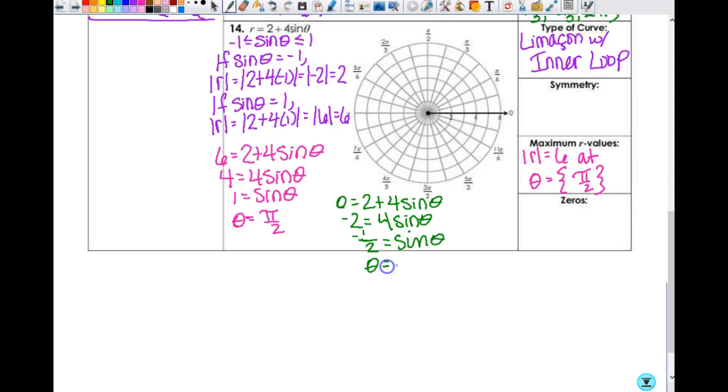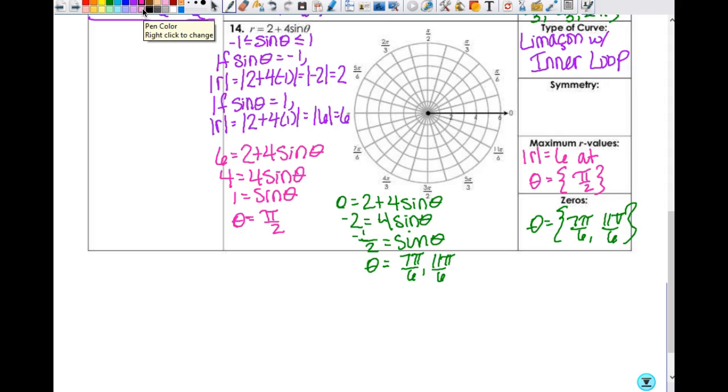So that means theta equals what? 7 pi 6, yeah, 7 pi 6 and 11 pi 6. Everybody good so far? All right, so now let's plot some stuff.